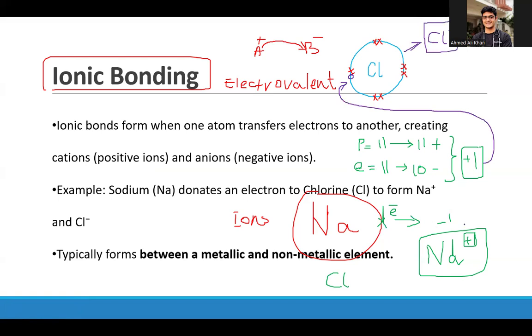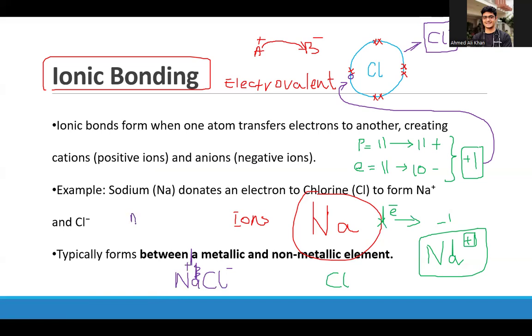So the positively charged sodium and the negatively charged chloride ion will attract each other, and they will form what is known as sodium chloride, with chlorine being negatively charged and sodium being positively charged.